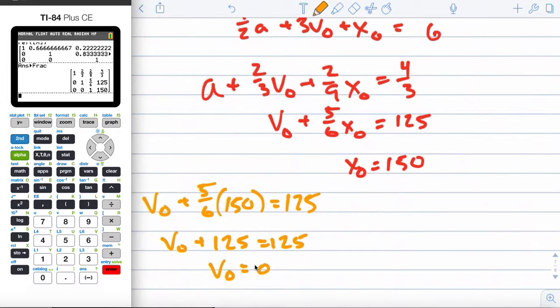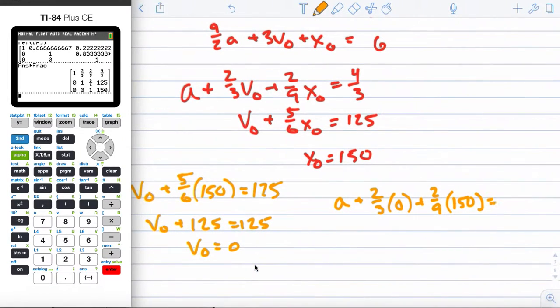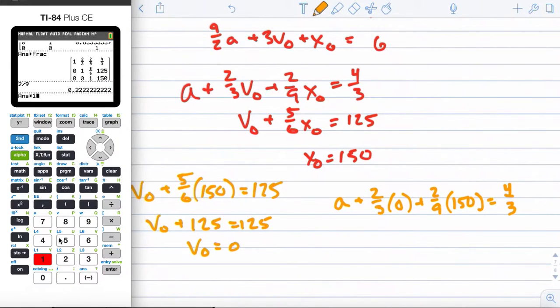All right, and if my initial velocity is 0, then what's my acceleration? A plus 2/3 times 0 plus 2/9 of 150 is equal to 4/3. Okay, so 2/9 of 150, 2 divided by 9, times 150, enter. That's 33 1/3, or as a fraction, that's 100 over 3.